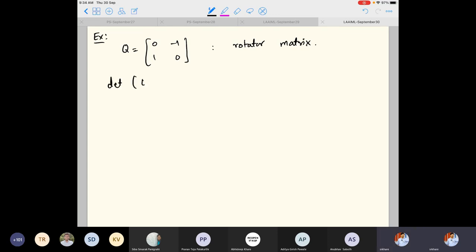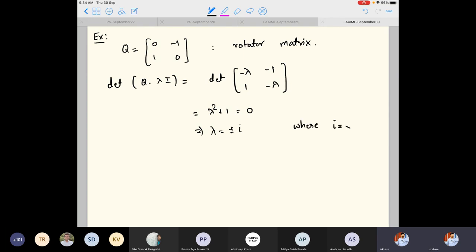Imaginary. So let us see Q minus lambda I. This will be the determinant of Q minus lambda I, so I'll directly write it down. Which means you have lambda squared plus 1 equal to 0, so lambda is equal to plus or minus i, where i is the square root of minus 1.